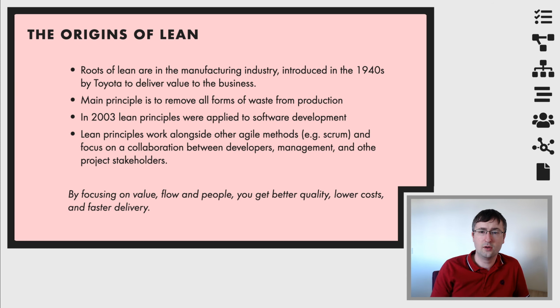And they focus on this collaboration between developers, management, and project stakeholders. And the quote here at the bottom: by focusing on value, flow, and people, you get better quality, lower costs, and faster delivery. So what we're doing again is focusing on the value that we can give to the customer. We're focusing on the flow of information and how we can make sure that information is flowing in the best way possible. And again, people over processes.